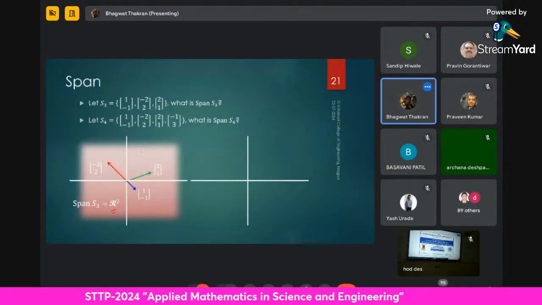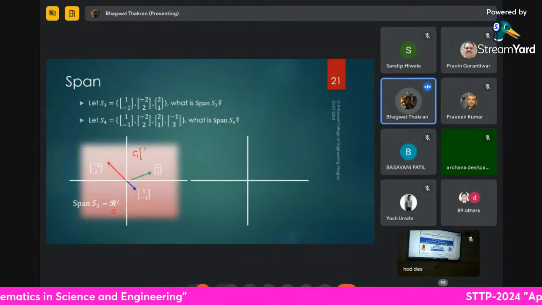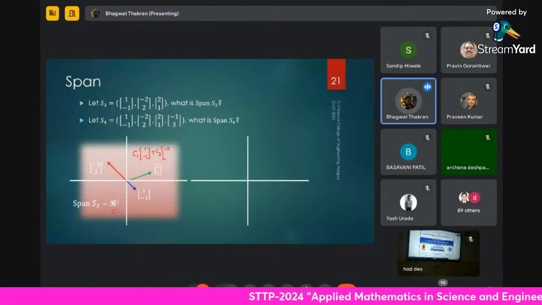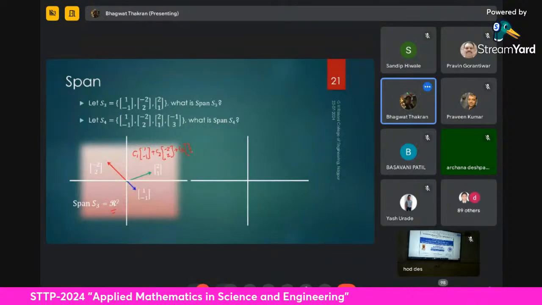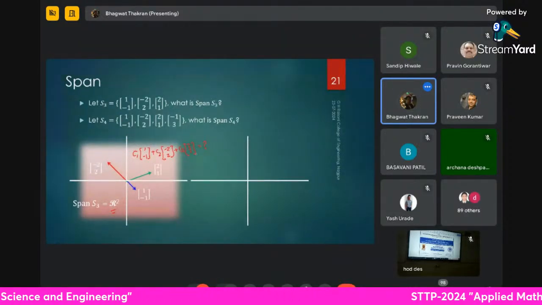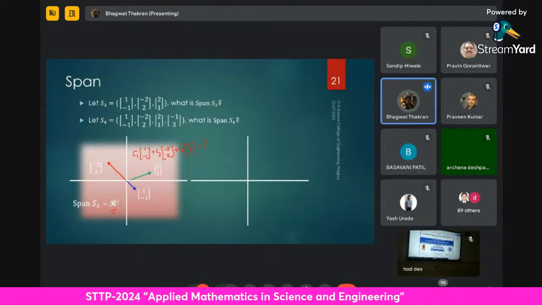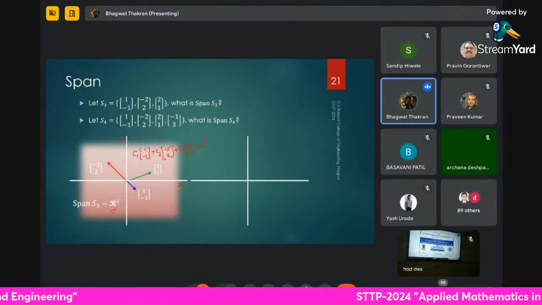Now, it can generate R2 space means C1 multiplied with 1, minus 1, plus C2 multiplied with minus 2, 2, plus C3 multiplied with 2, 1. It depends on your C1, C2, C3. Each time you will get a vector of this space R2.